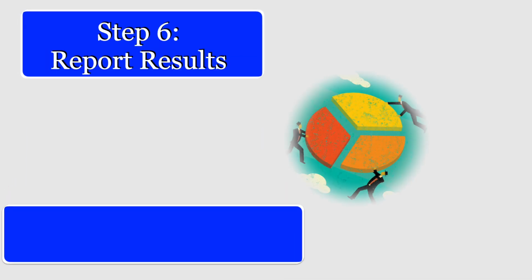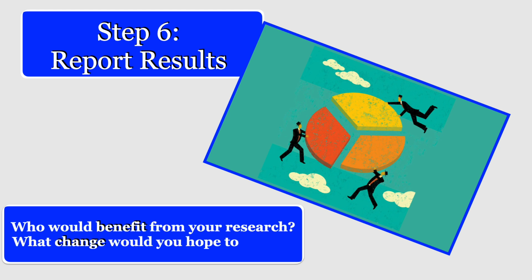And then step 6 is reporting our results. Who's going to be interested in this information? Who's going to benefit from our research? What kind of change are we hoping to create by this research? Hopefully the topic that we've chosen, the question that we're asking, is of interest to more people than just us.